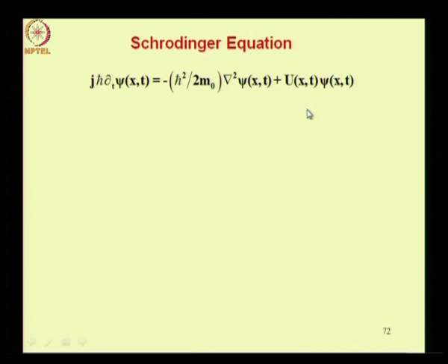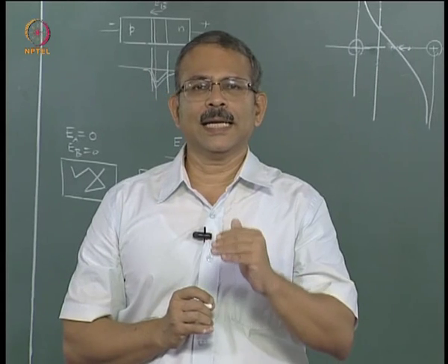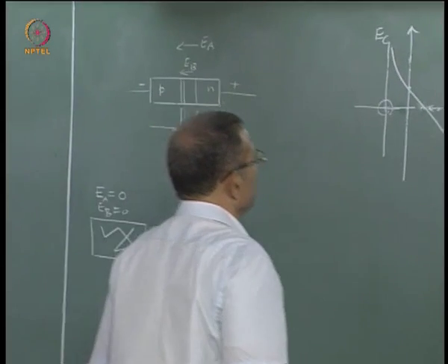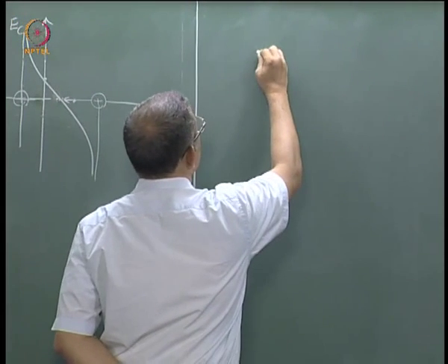Now the first step would be to familiarize ourselves with this equation and see it as of the same form as the hole continuity equation. So let me write the hole continuity equation.